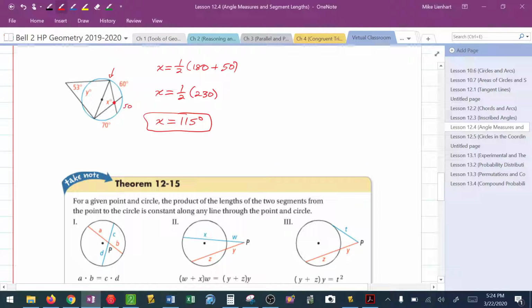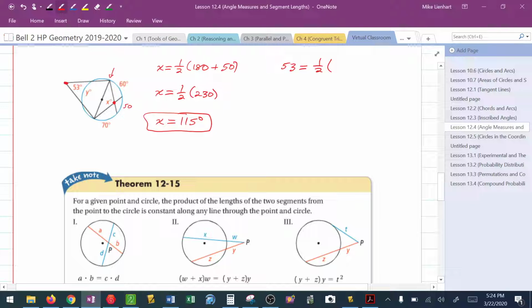Now, to find y, all right, y is an arc. Its vertex that's associated with it is outside. I know that 53, the angle, is equal to half of its intercepted arcs subtracted.